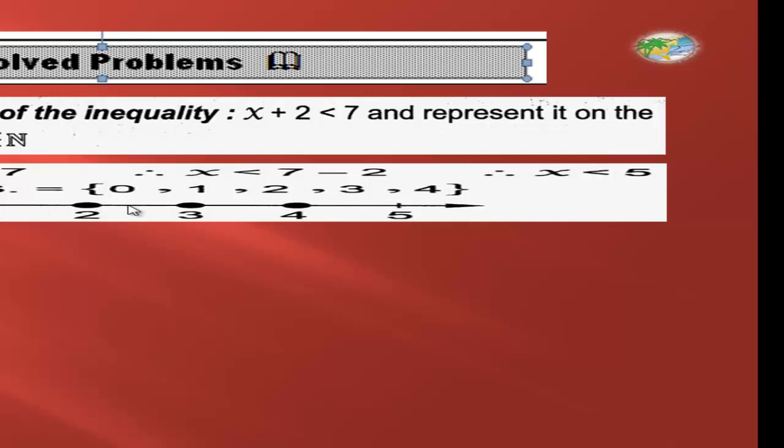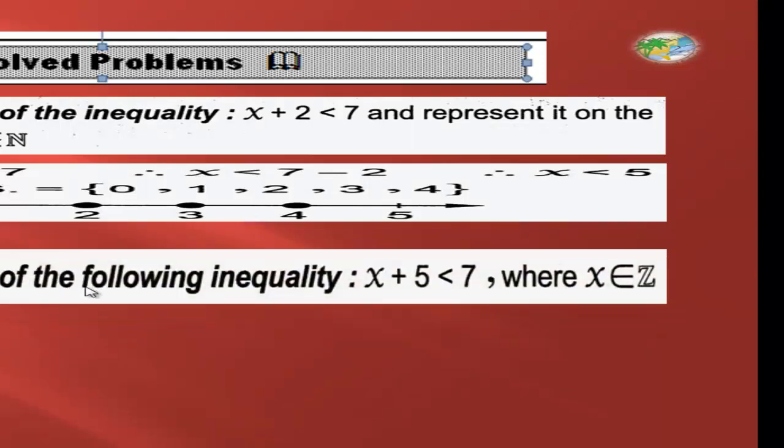Okay, and we can represent it on the number line when we draw the number line from 0 to 7, whatever, 5, 6. Is this a finite set or an infinite set? This is a finite set, then we represent 0, 1, 2, 3, and 4.